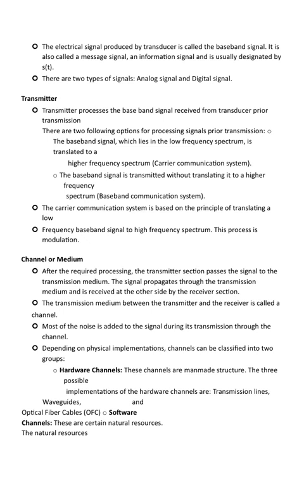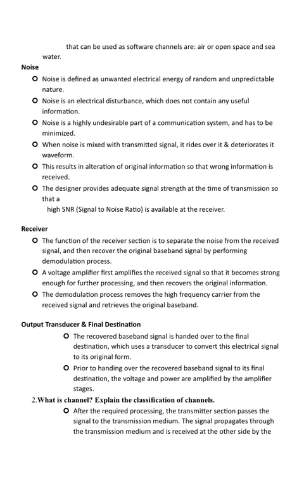Depending on the physical implementation, channels can be classified into two groups: hardware channel and software channel. Hardware channels are man-made structures. The three possible implementations of hardware channel are transmission line, waveguide, and optical fiber cable. Software channels are certain natural resources that can be used as a channel: air or open space, and sea water.